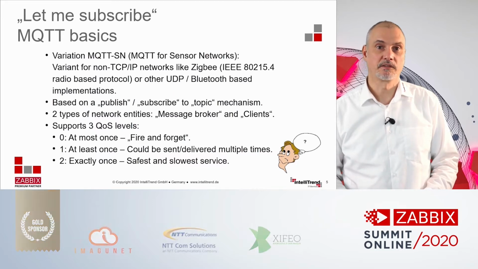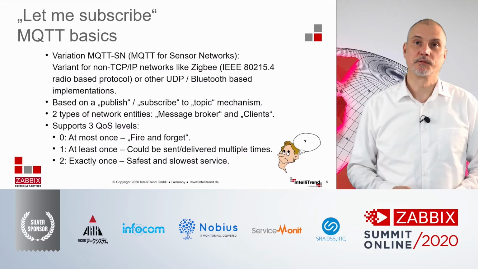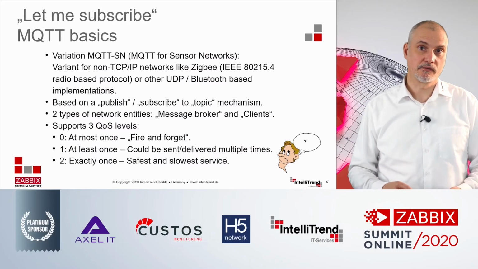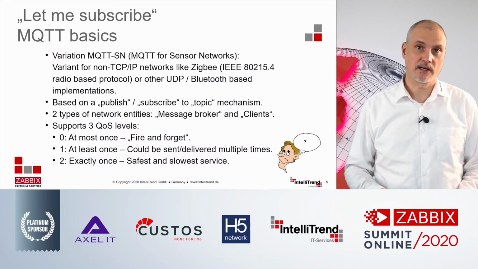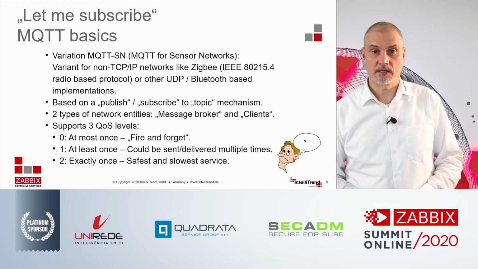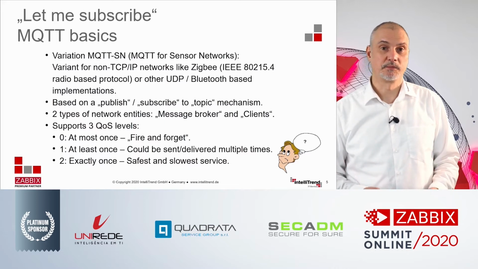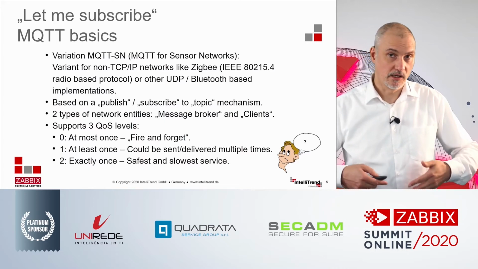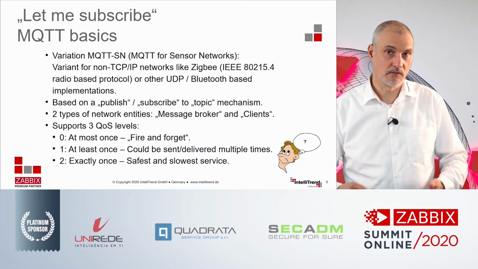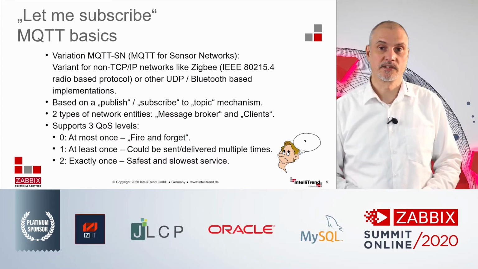Then we have quality of service level 1, which I call at least once, which means you will get a delivery of the message, but it might be that you get the same message twice or multiple times, so your application needs to be prepared for those duplicates. And last but not least, there's quality of service level 2, which means exactly once. So you get for your subscription exactly one message, which is great, and it's also the slowest service available.